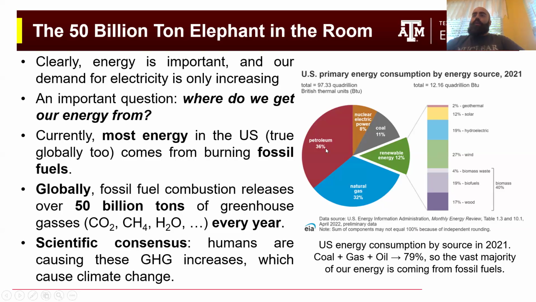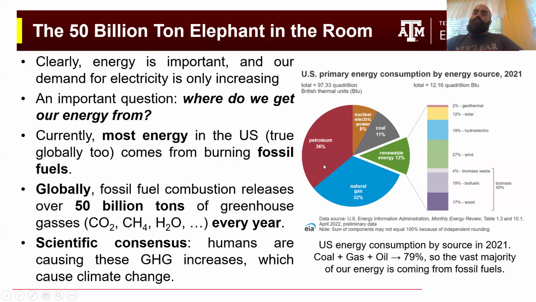This chart is showing our primary energy consumption by source in the year 2021, so it's easier to see where these pieces of the pie are coming from. As you can see, petroleum and natural gas make up the lion's share of our energy consumption. Natural gas is pretty much exclusively used for electricity generation.